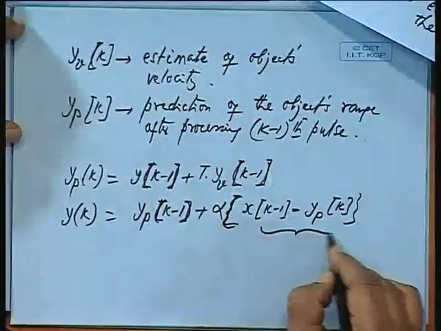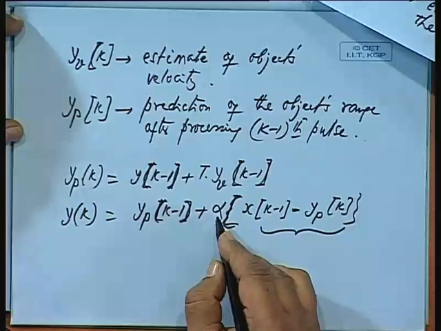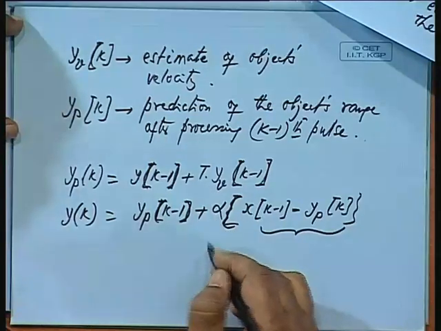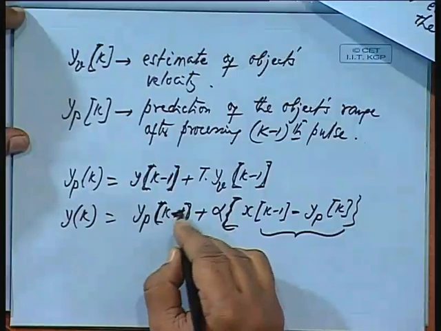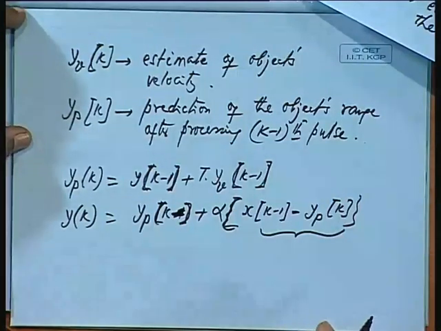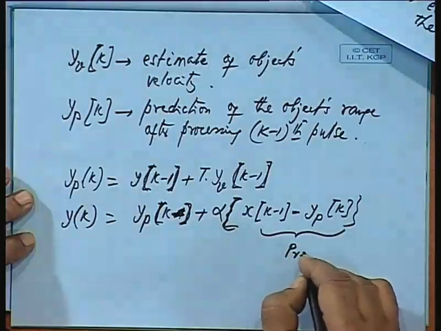So, the prediction error multiplied by a constant alpha, normally less than 1, plus the prediction. Prediction is made at this instant, mind you, from the previous data. This is the prediction error.